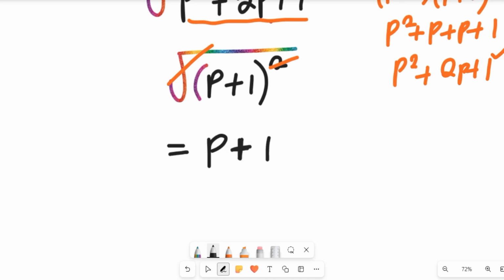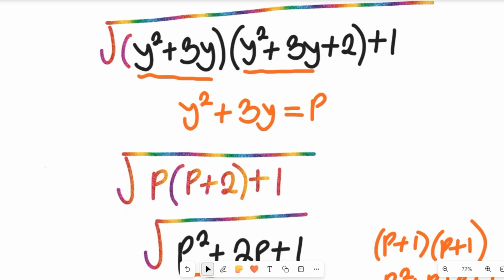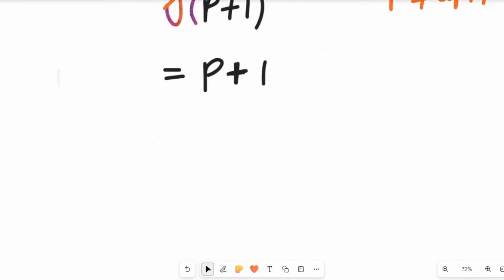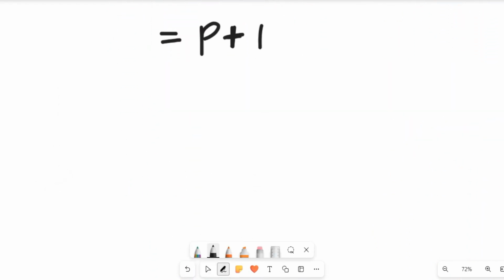Now recall that we said our p is equal to what? y squared plus 3y, right? So if we bring that back, that expression will now give us y squared plus 3y plus 1.